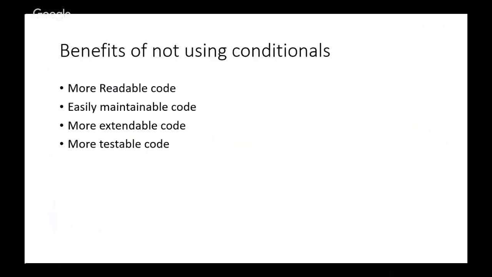The benefits of not using conditionals: more readable code, easily maintainable code, more extendable code, and more testable code. Of course, sometimes it's not so straightforward to program without conditionals. Conditionals are deep in our brain. We think like, what if this happened, and else what if that happened?